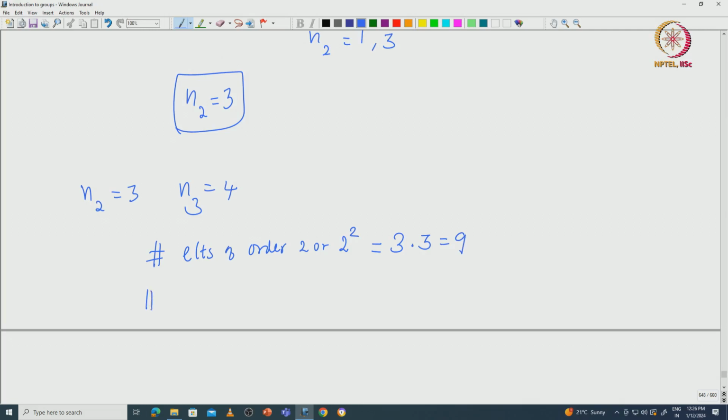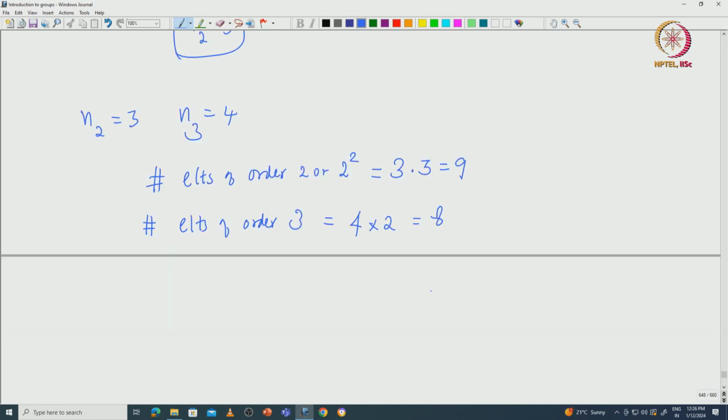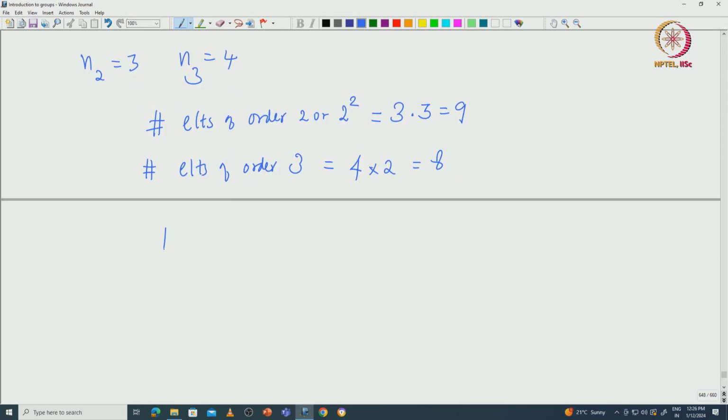Similarly, a Sylow 3 subgroup has order 3, and except the identity, all other elements will have order 3. So the number of elements of order 3 is going to be 4 groups, removing the identity, 4 times 2, which is 8. Then if you add the identity, 1 plus 9 plus 8, the order of the group should be at least this.